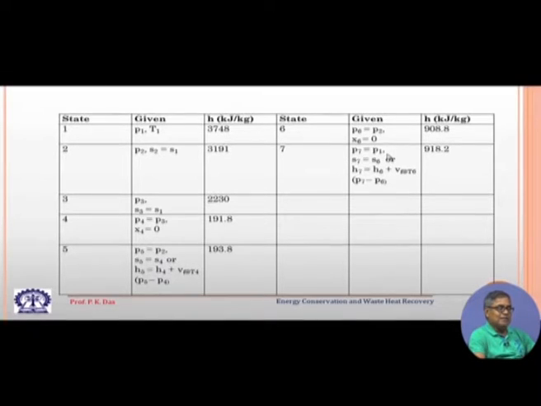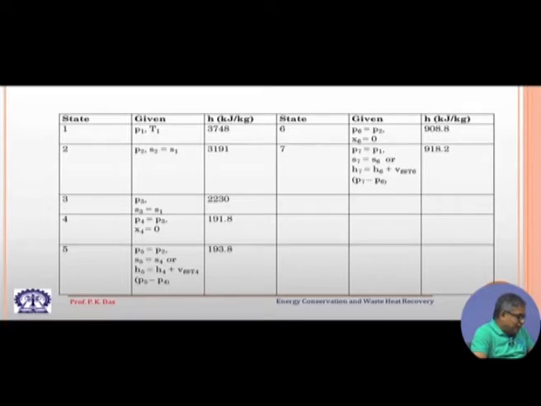P7 is nothing but the boiler pressure. Again we can assume the compression process in the pump is a reversible adiabatic process. So by adding this pump work we can calculate the enthalpy at H7.